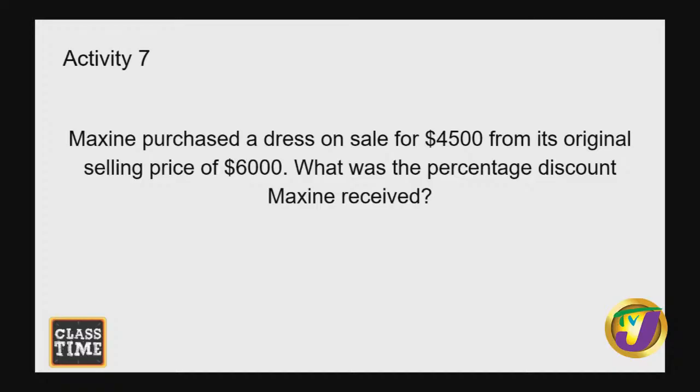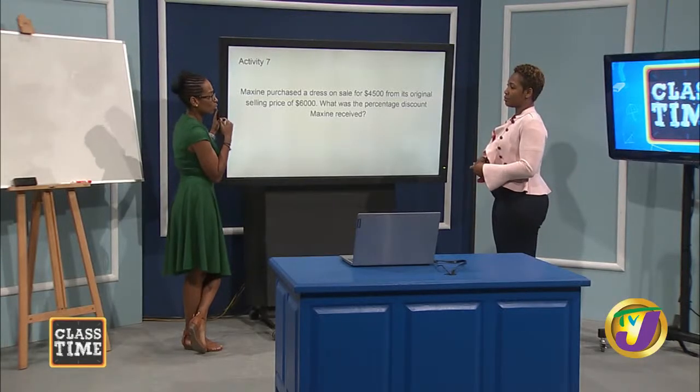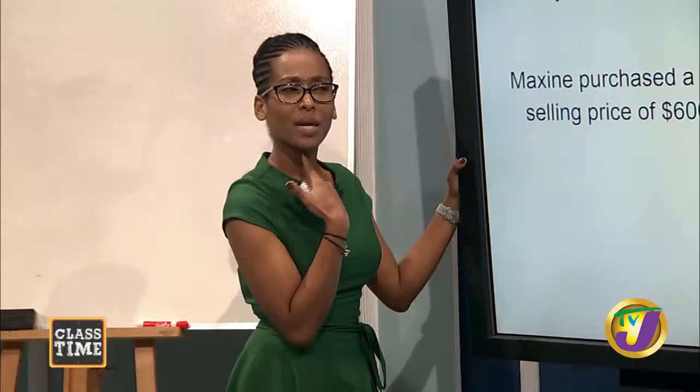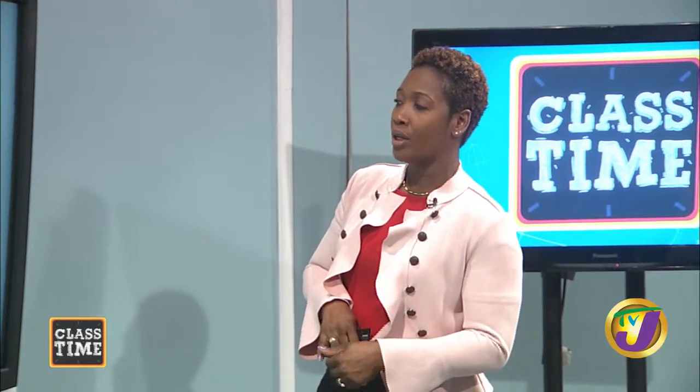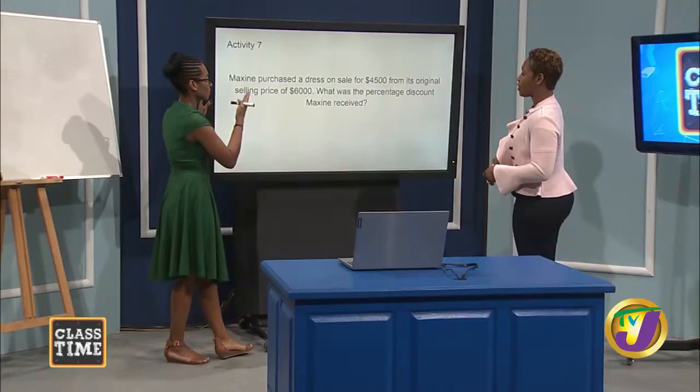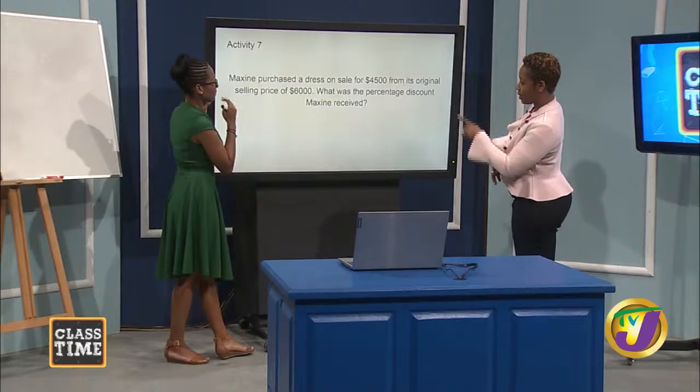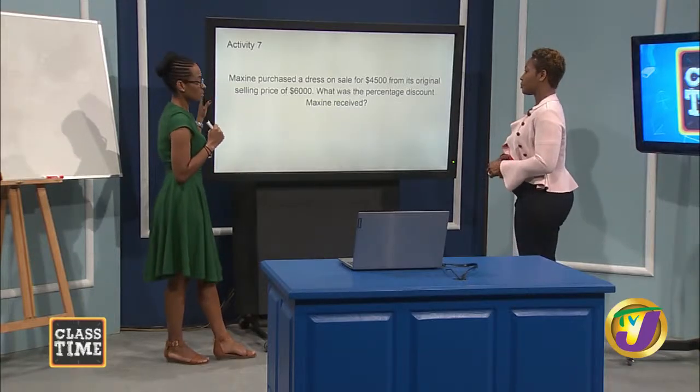How do we find out the percentage, though? But before we can find out the percentage, don't we need to know what that discount would have been? We could. That's one way. So yes, most definitely. So we want to figure out what is the difference between $4,500 and $6,000.